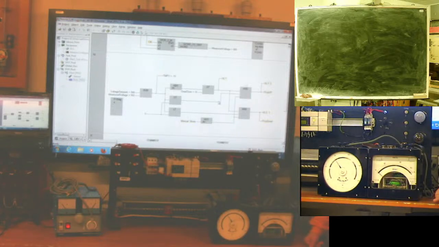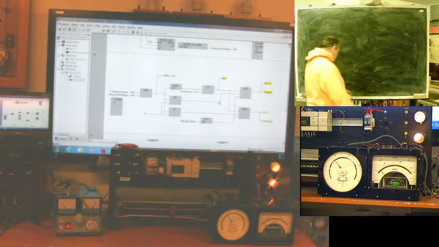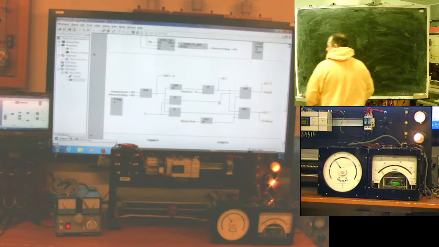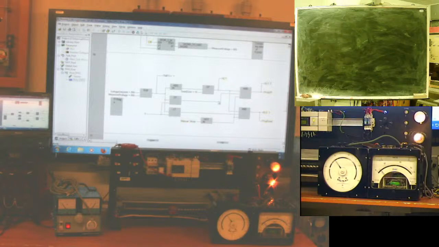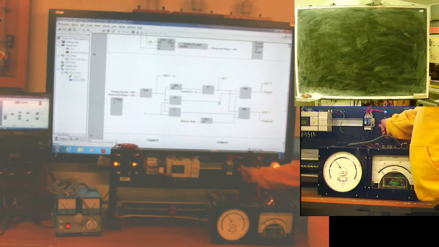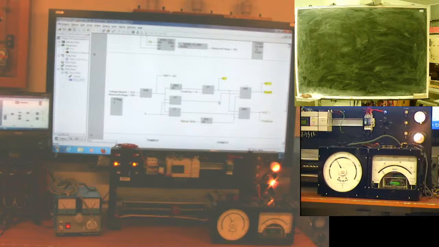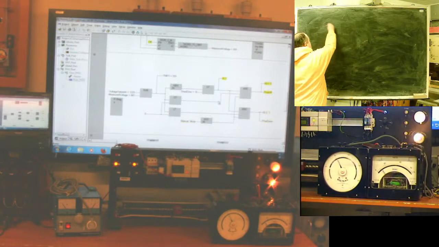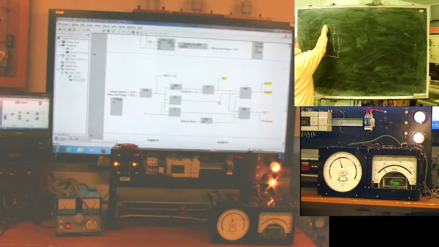It's my toy. It's a rheostat with motor. What's this? It's constantly changing. 120 volts.